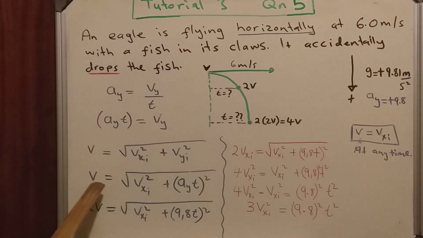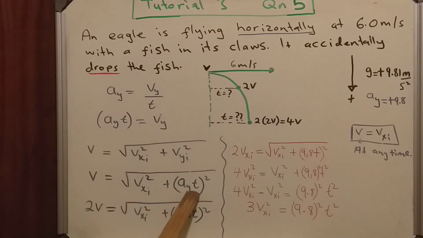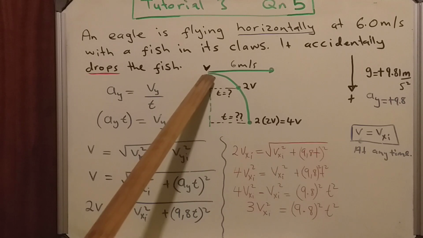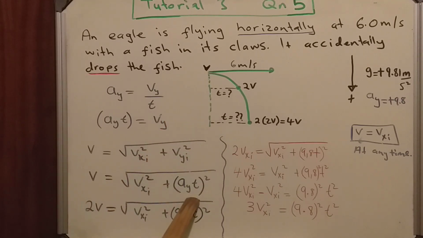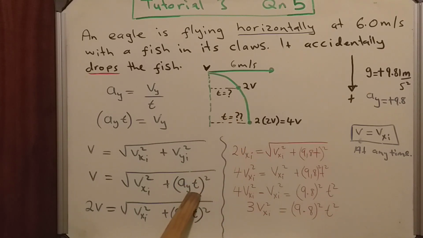So we substitute. Our v is equal to the square root of the x component squared plus vy squared. We substitute vy by a times t, which means acceleration times time equals velocity. It's only 0 initially, but at the final vy, it's no longer 0. It's a certain value.